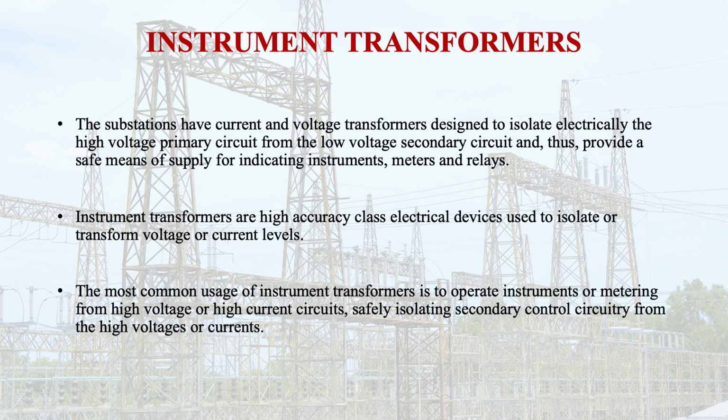The common use of instrument transformers is to operate instruments or metering from high voltage or high current circuits, safely isolating the secondary control circuit from the high voltage or current. That means if high voltage or high current is flowing in the lines and you connect an ammeter or voltmeter directly, what will happen?